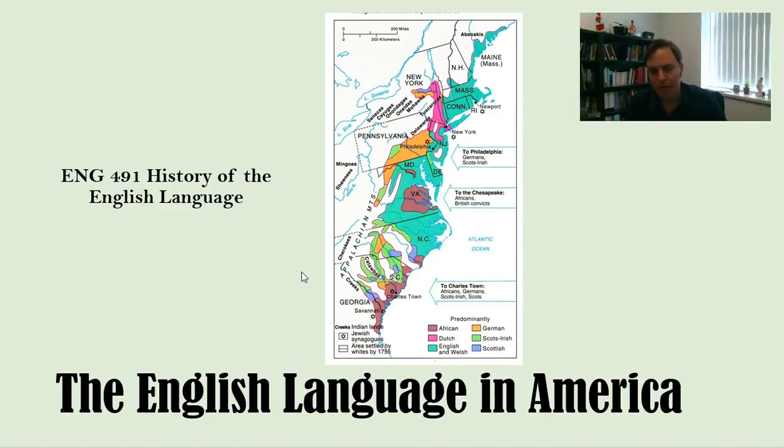It's related to the name John. I'm not really sure how, but Janke was a kind of diminutive form or a pet name like Johnny or something like that. And somehow it was applied to people who were Dutch.